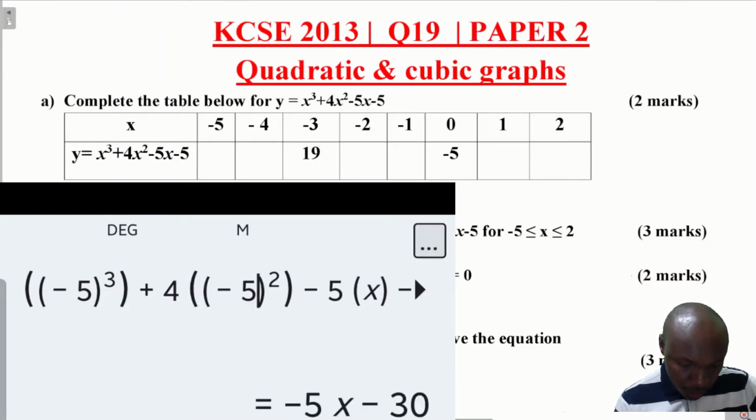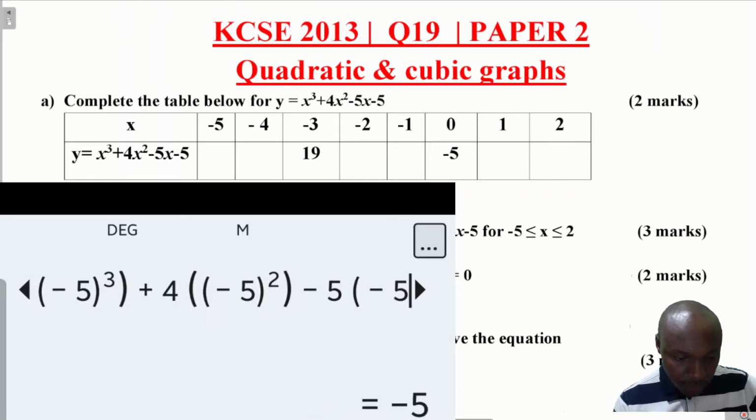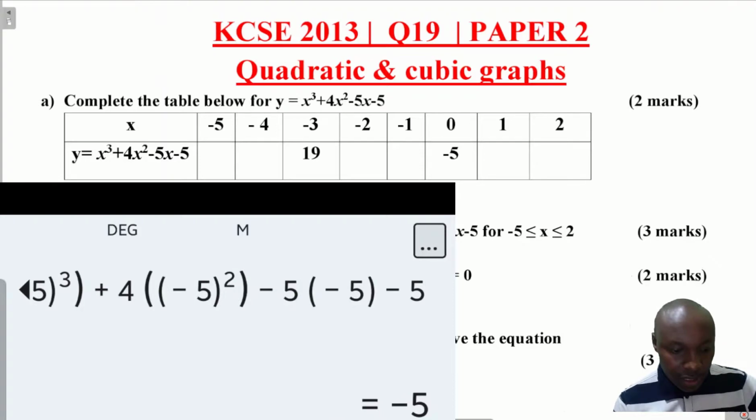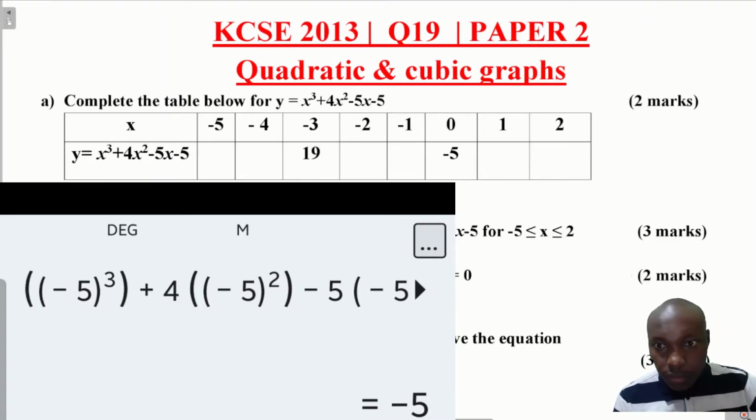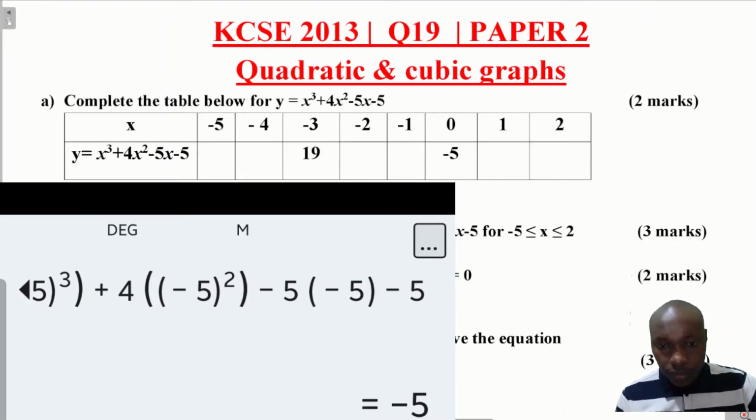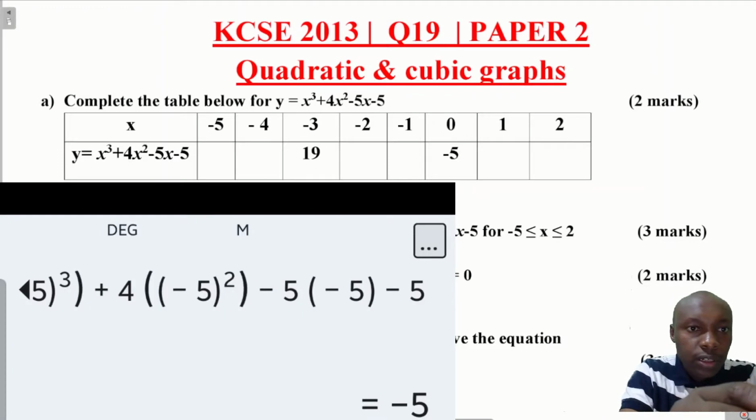So that gives us the first value when x is -5. Let me confirm. Yes, it is okay. When x is -5, the value of y is -5. So we can fill that.